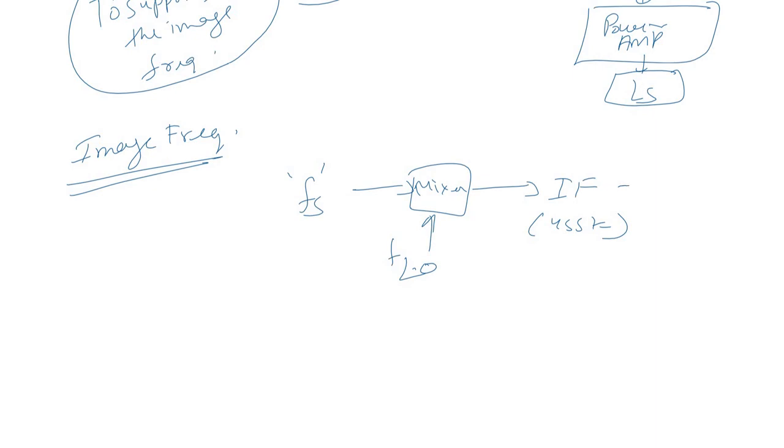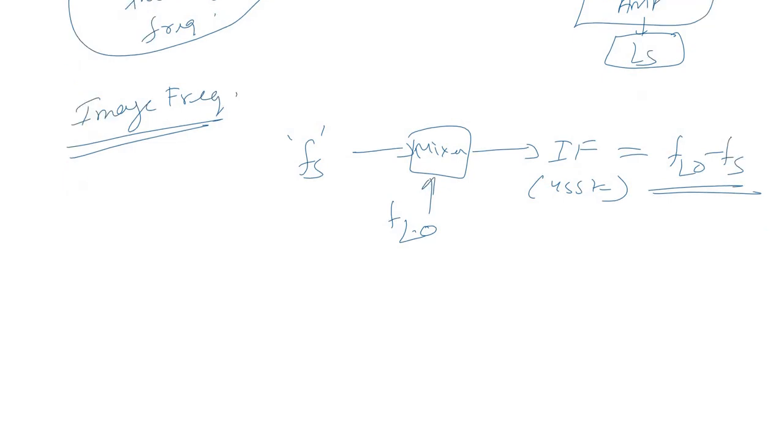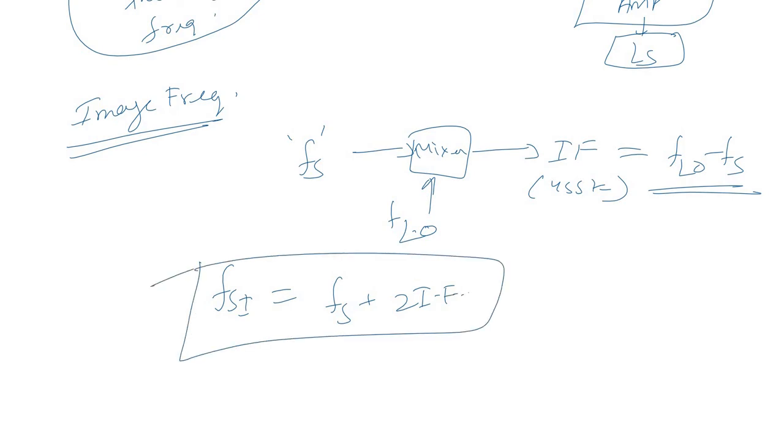So this intermediate frequency is nothing but FLO minus Fs. The image signal frequency FSI expression is Fs plus twice the intermediate frequency. That is the standard expression, and let us see how this is an undesired frequency and still it manages to pass through this superheterodyne receiver system.